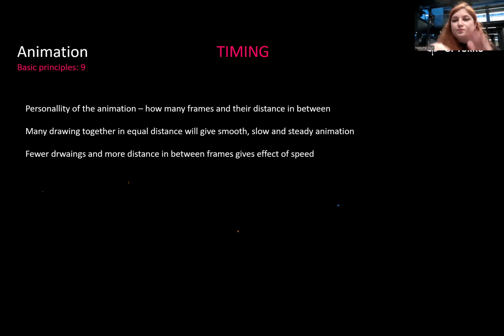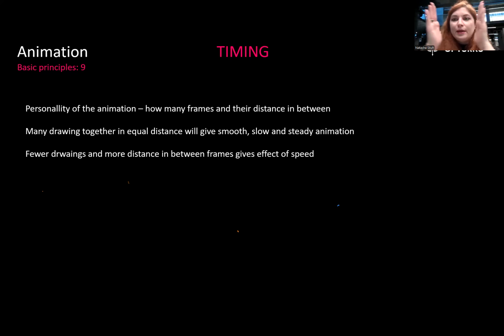So when you think about something doing a specific rhythm, it follows a very specific thing. But if you have fewer frames with more distance, it can affect the speed. If you have more distance in between, it can be slower. It can also be faster, if you want things to happen with no time in between.